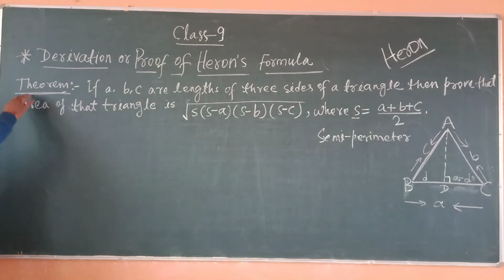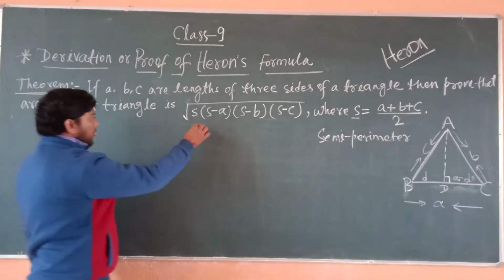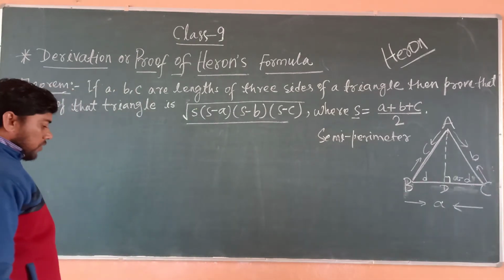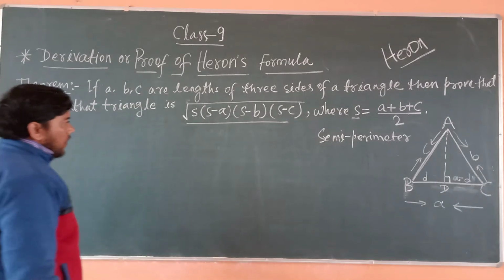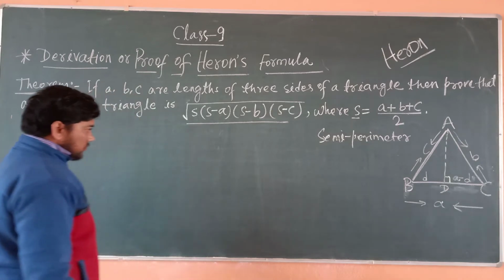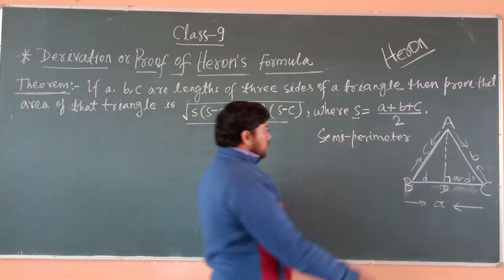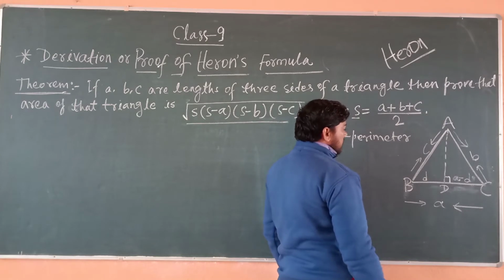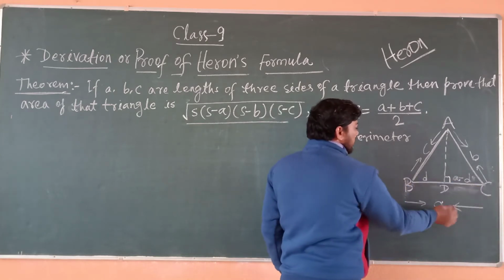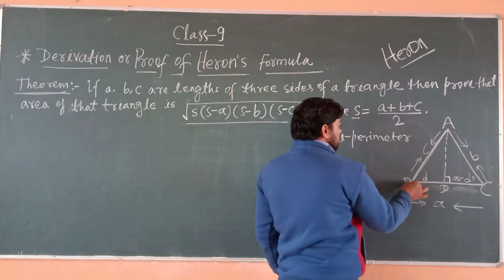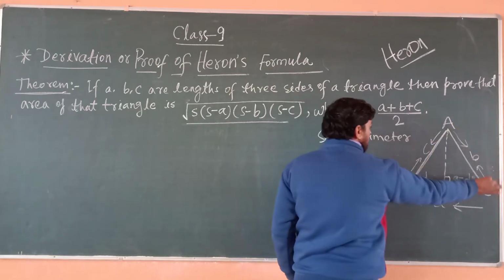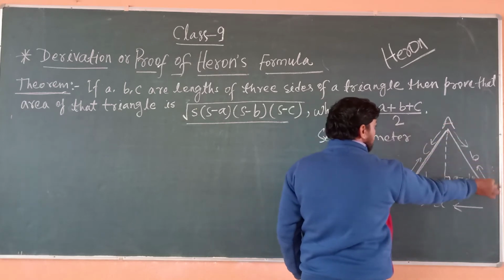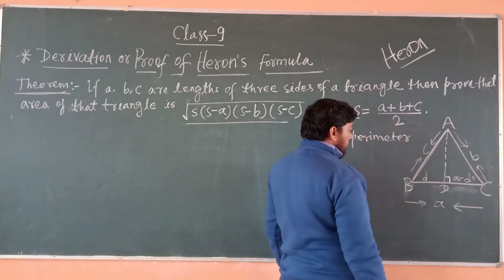Okay, so we have to explain this formula, how to derive Heron's formula. Let us draw a triangle ABC, where BC is equal to a, AC is equal to b, and AB is equal to c.